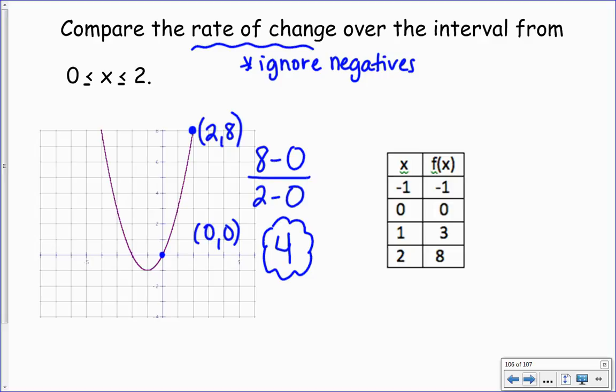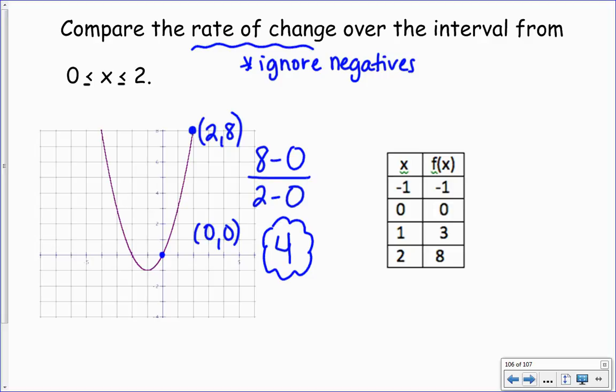And I'm going to use the same interval so that they're easily compared. Because if you've noticed, for quadratics, you don't have that constant rate of change that you do when you have a linear function. A quadratic rate of change is variable, meaning it's going to change from point to point to point.